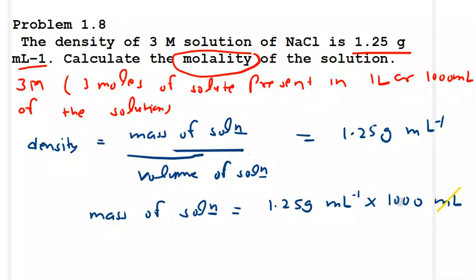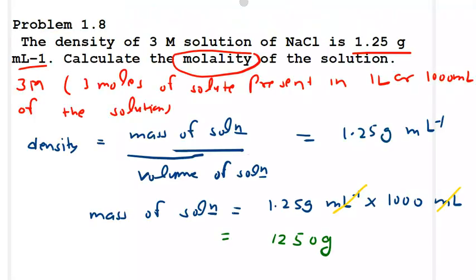This milliliter and this milliliter will be cancelled out, and what we got? 1250 gram. This is the mass of the solution. Mass of the solution is equal to 1250 grams.